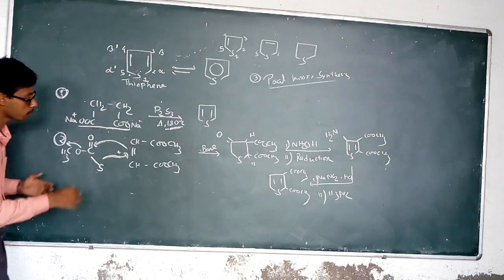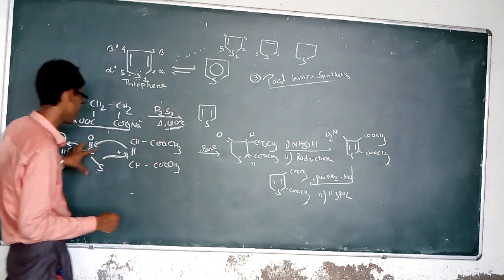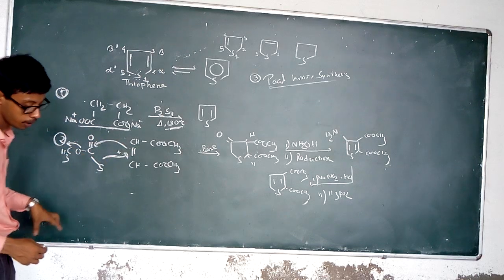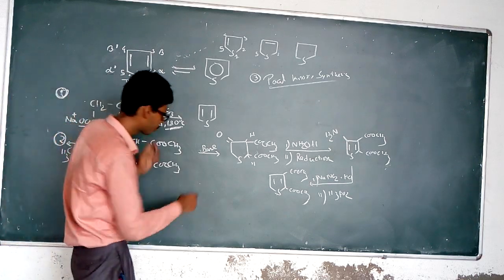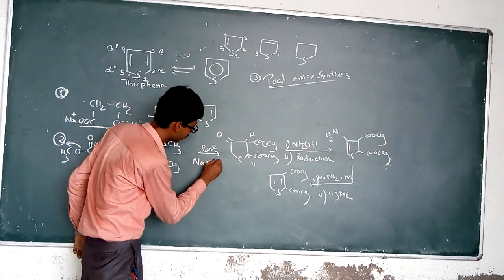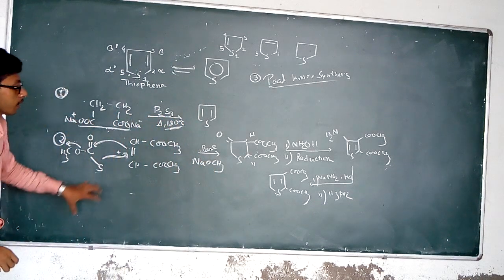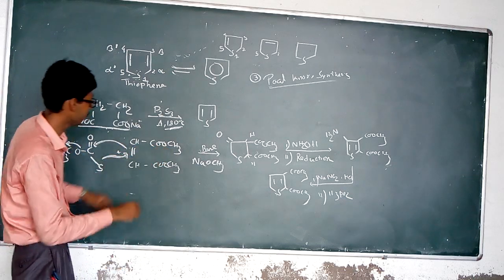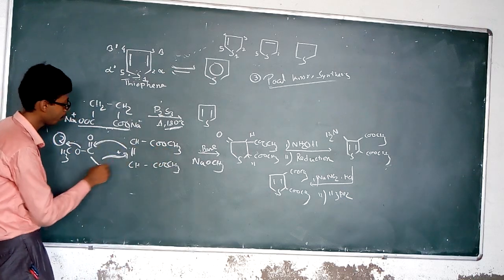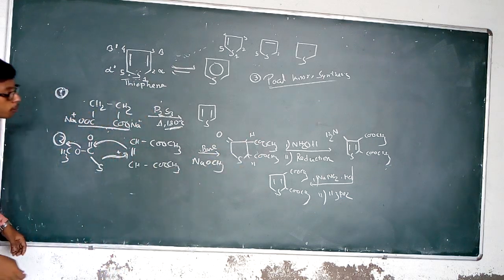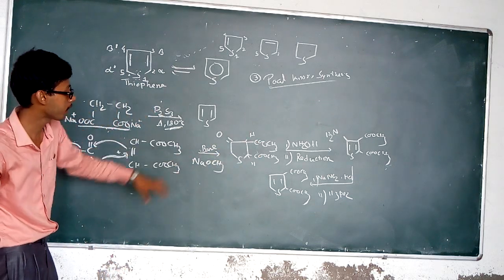Further, the reaction occurs in the presence of a base like sodium methoxide, and ring closure occurs. This forms a double bond, and the ring is substituted with COOCH3 at the 2 and 3 positions.